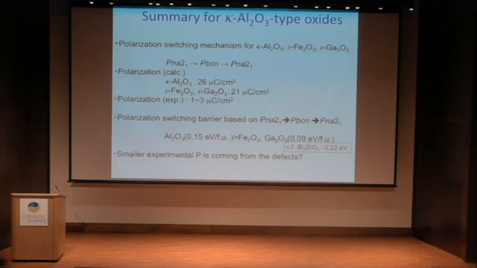But there is one problem. Experimentally, the polarization value is 1 to 3 microcoulomb per square centimeter, and this is one order smaller than the calculated value. And also, we have calculated the activation energy for this material, and this is maybe around 0.1 electron volt or something.